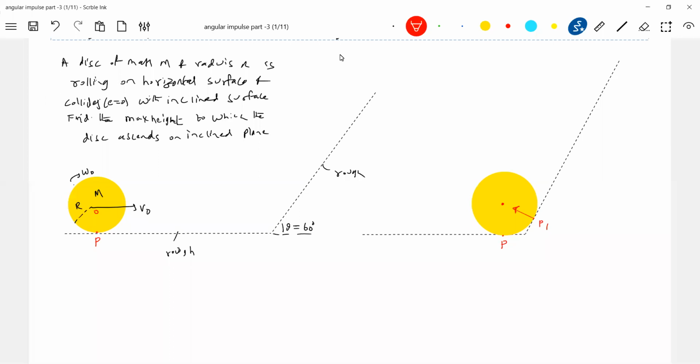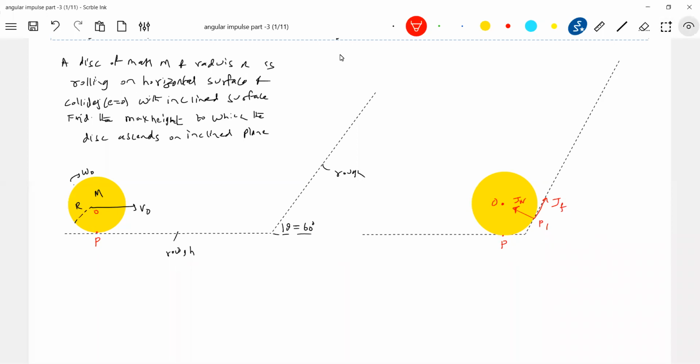That impulse will pass through the line of action, through the center of mass of the disk. Then this is rough, and the disk also has angular velocity. So when it collides here, impulsive friction also comes into the picture. So you write Jn and this is Jf.